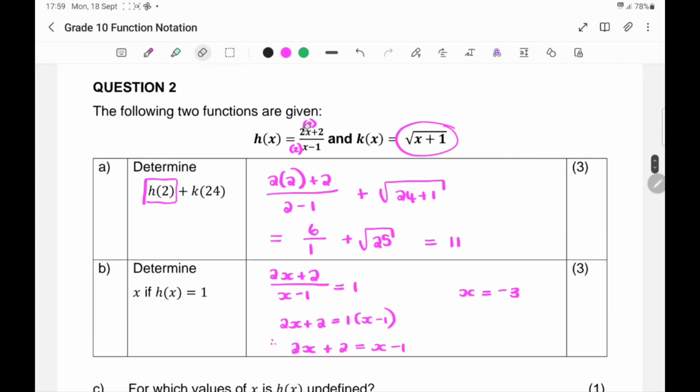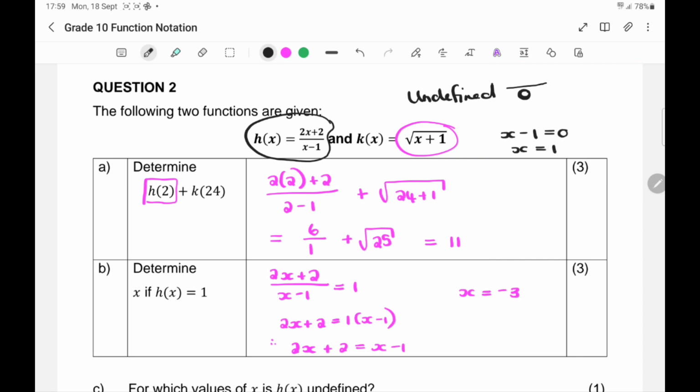So if we clean up here a little bit, they say to you, where is this going to be undefined? Remember, what does undefined mean? It means when the 0 is under the line. How can I make this expression so that the denominator becomes a 0? So x minus 1 must be 0.